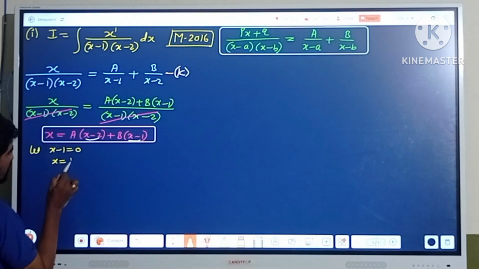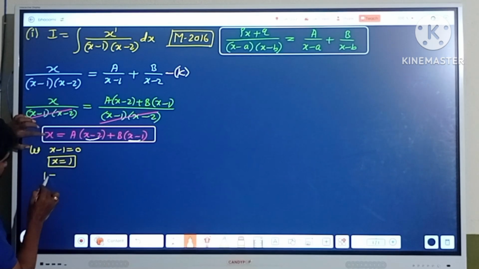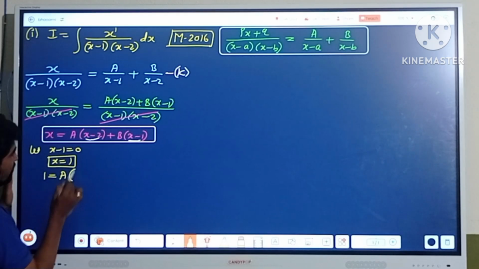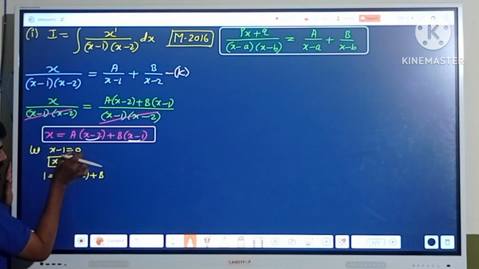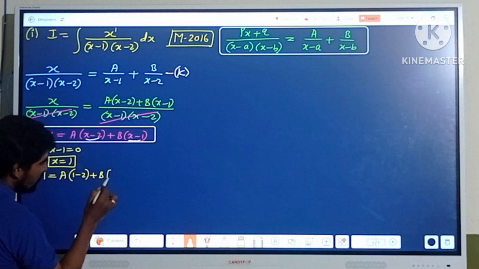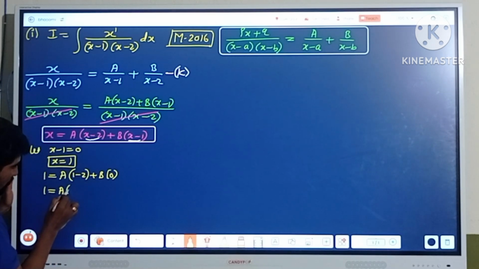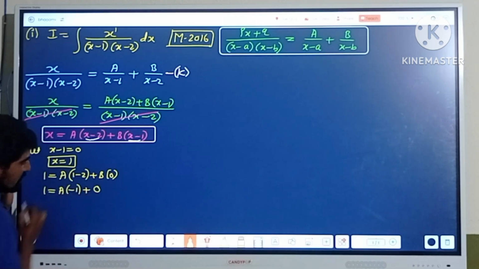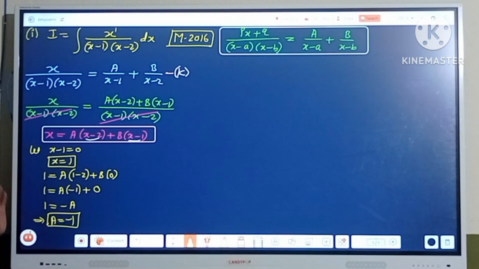It means x equals 1. Now in the above equation, the left side is x, so the value is 1, which equals A into (1 minus 2) plus B into 0. Now 1 equals A into minus 1 plus B into 0, which is 0. So 1 equals minus A, which implies A equals minus 1. I hope all of you understand.